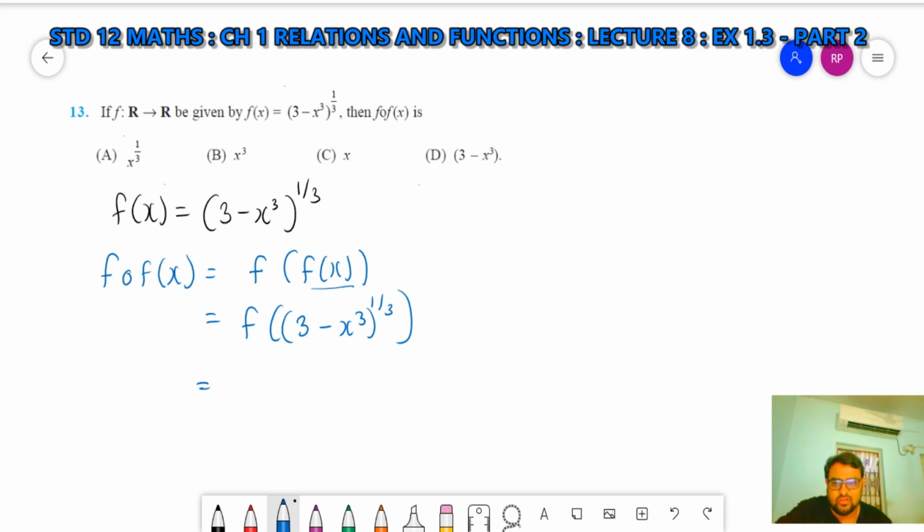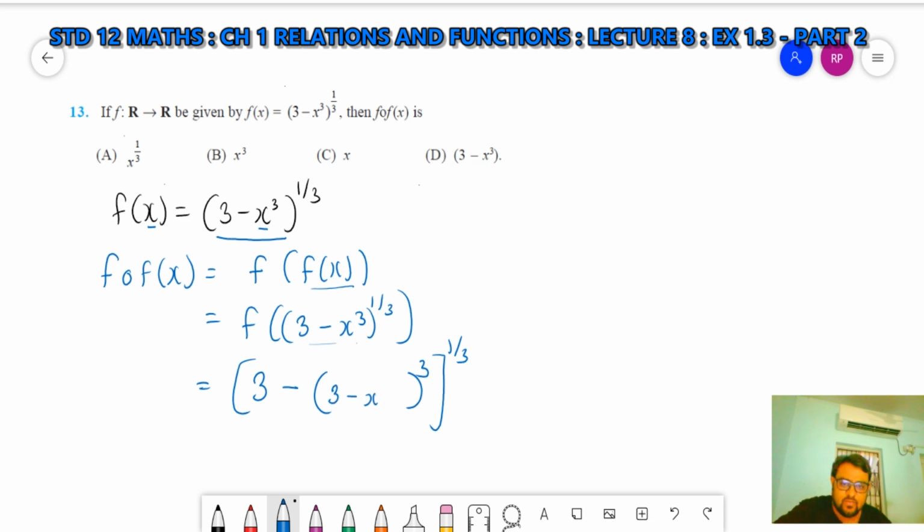Again f, so I will use this function, and at the place of x I will put the bracket (3 minus x cube) whole raised to 1 upon 3. Now see, here it was x, I had written x. It's (3 minus x cube) whole raised to 1 by 3.